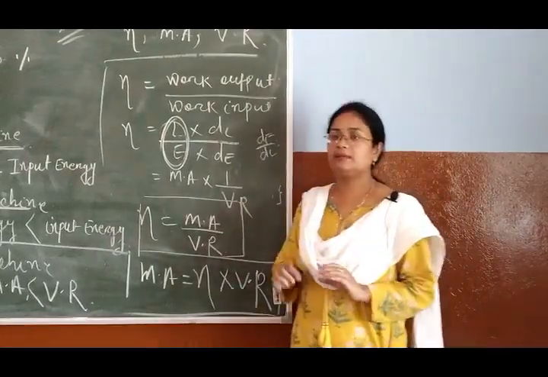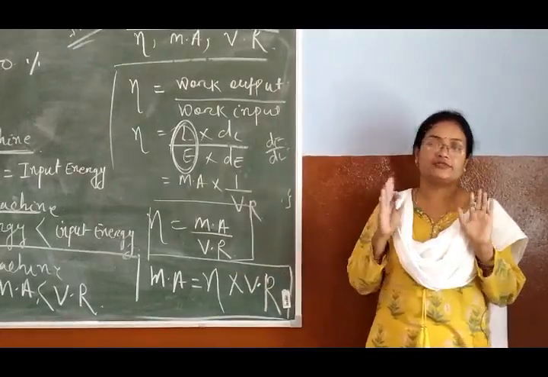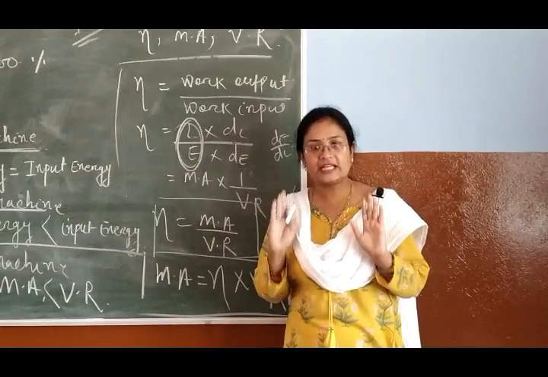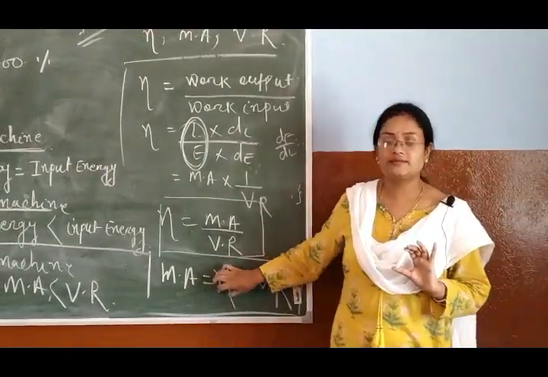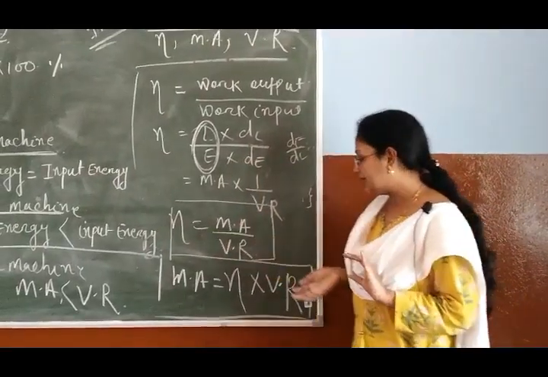And one thing you remember, for a machine the velocity ratio is fixed, but mechanical advantage is not fixed. Mechanical advantage depends on the efficiency of the machine. Okay, these things we will read in the next part.